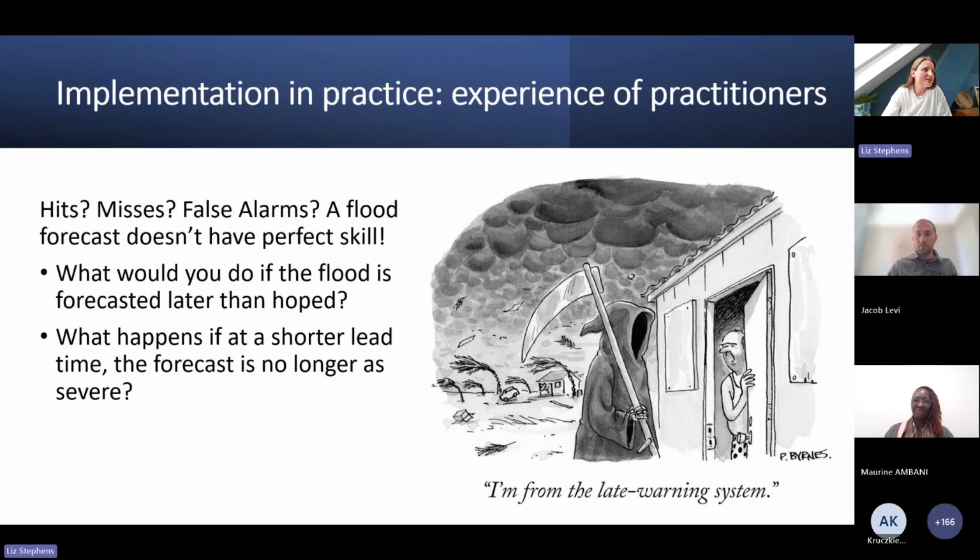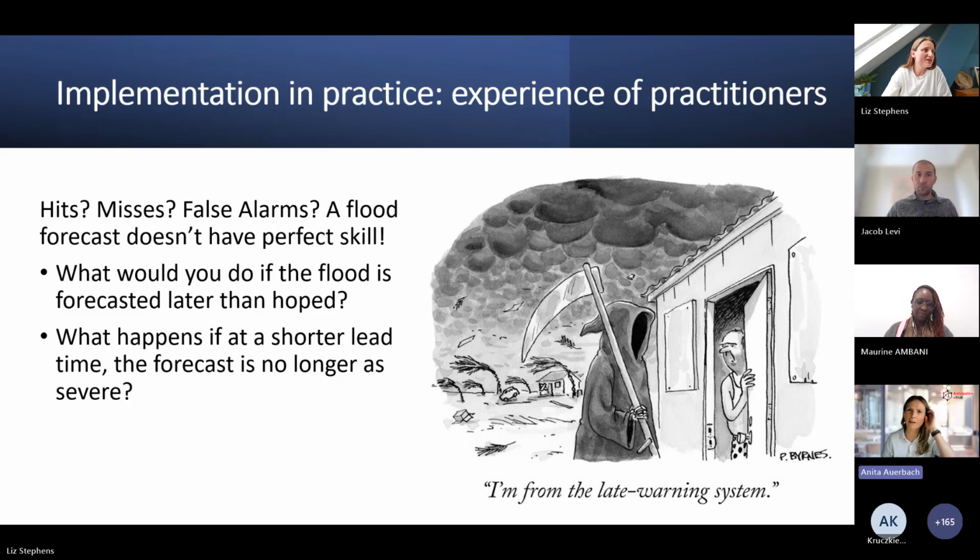So I'm going to stop sharing. Okay, so I think Liz has frozen somewhere in Reading.